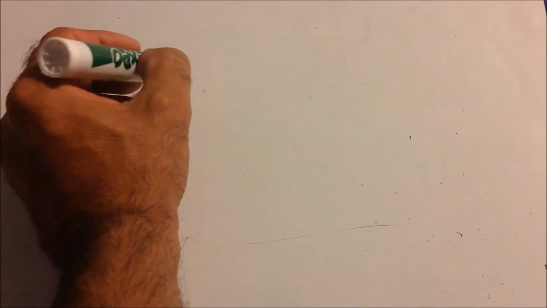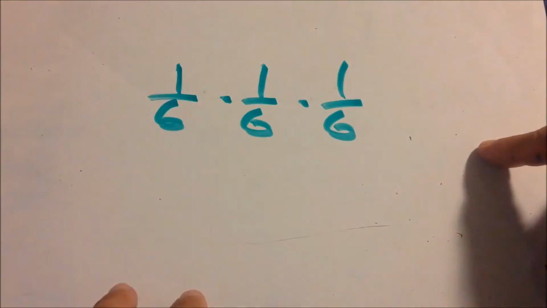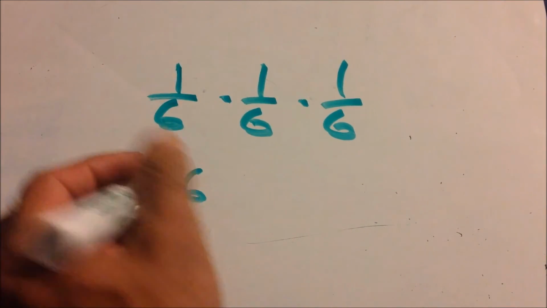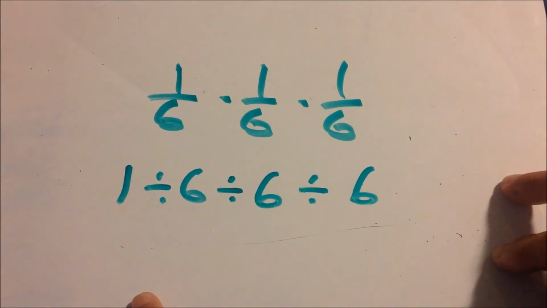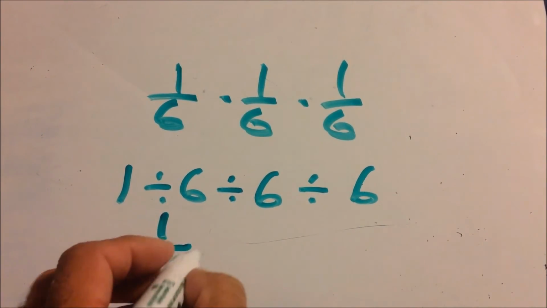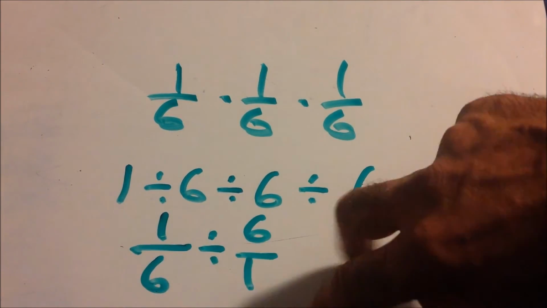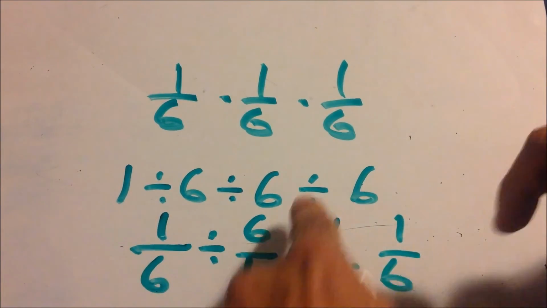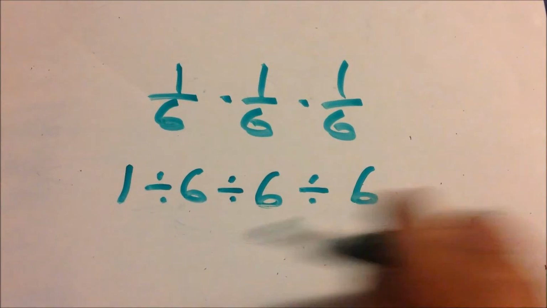So again, 1/6 times 1/6 times 1/6 in multiplication becomes 1 divided by 6, divided by 6, divided by 6. So we have 1 divided by 6, divided by 6 over 1, and we know 6 over 1 becomes 1/6 times 1/6, and so forth. So there's our expression.